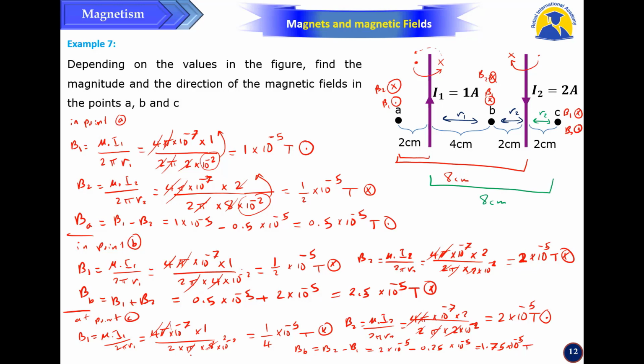The highest is B2, so the direction will be dot. So this is the answer for finding the magnetic field in points A, B, and C.